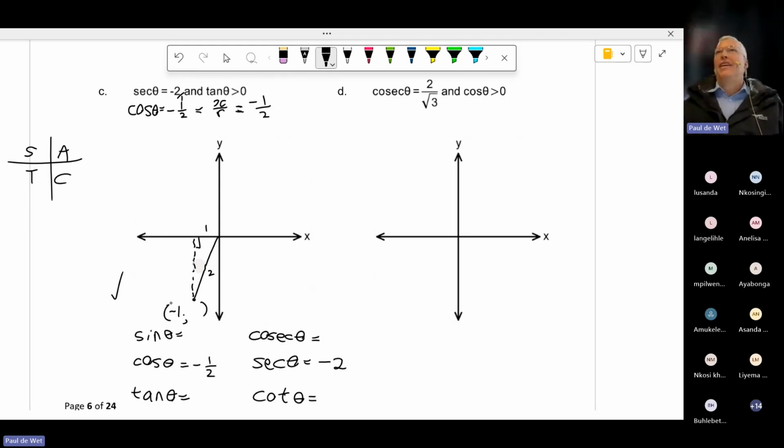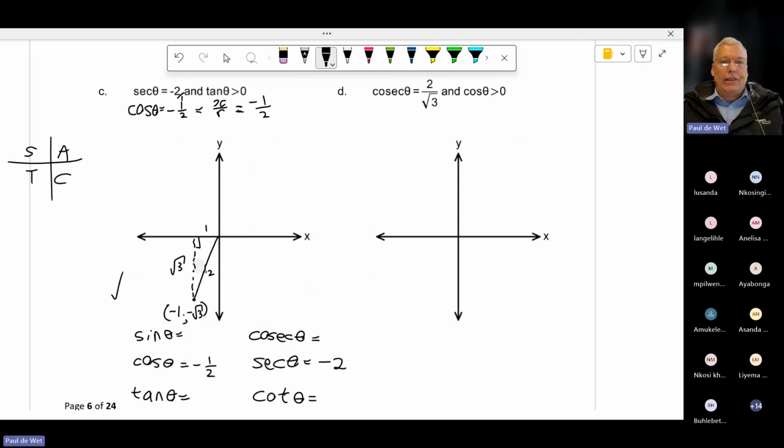Just shout it out nice and loud. Well done. The square root of 3. Is it positive square root of 3 or negative square root of 3? Guys, it's negative. This distance is the square root of 3. We are in quadrant 3. It's negative the square root of 3. The reason learners get these questions wrong, listen carefully, is because they are working in the wrong quadrant. We are in quadrant 3 and y is negative.